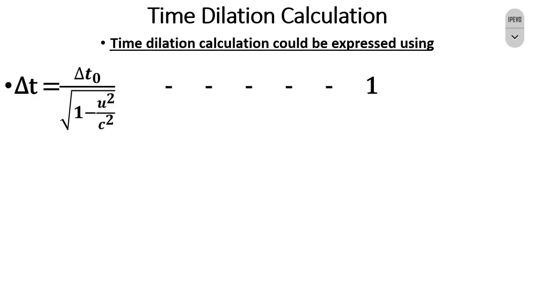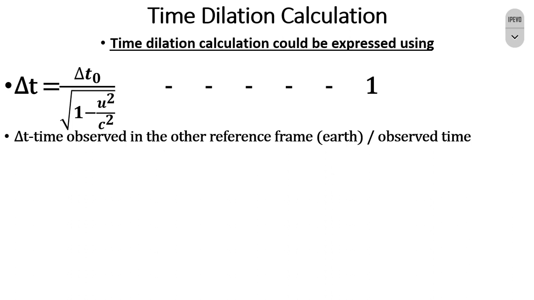Time dilation calculation. The mathematical expression for time dilation is represented in equation 1. So the change in t represents time observed in the other reference frame, which is the Earth. You can call it observed time.